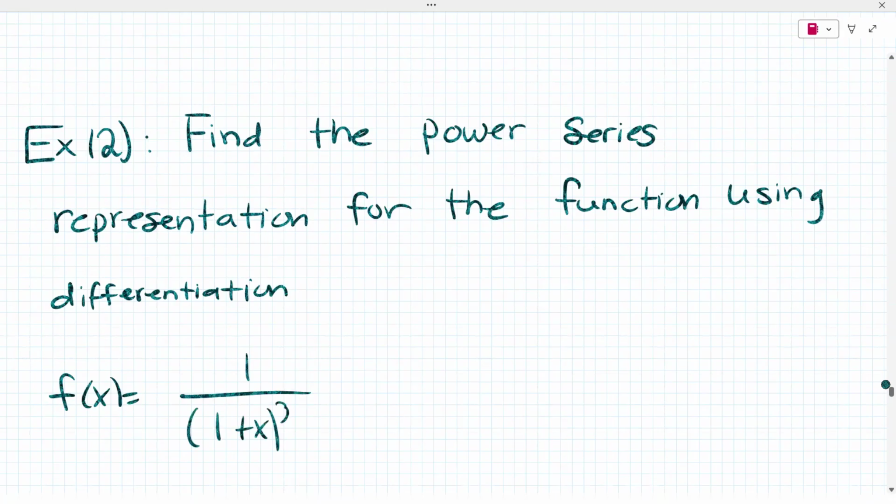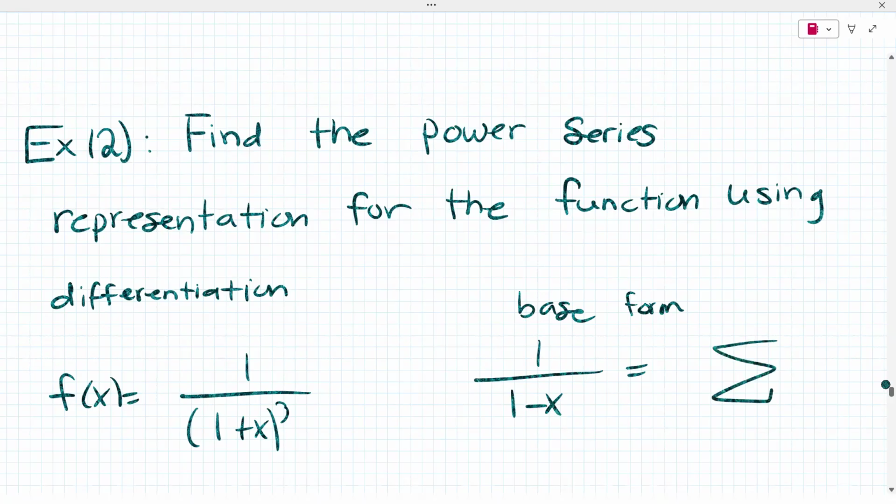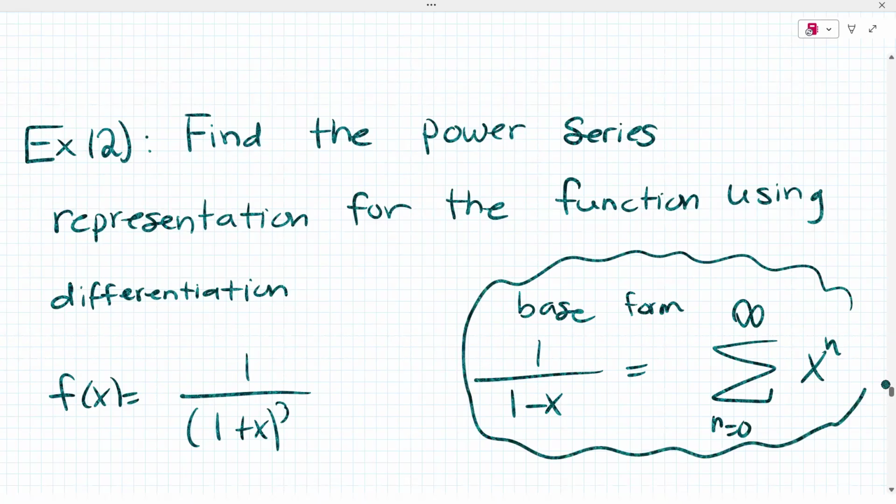And then they say to use this base form to help you out. Okay, so this should help. Now, in example 12, we've got a power of 3, so that's what makes it a little bit difficult.